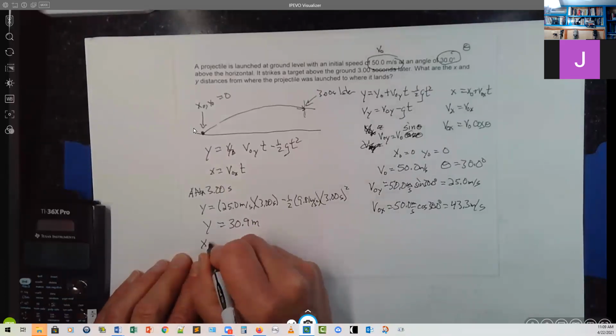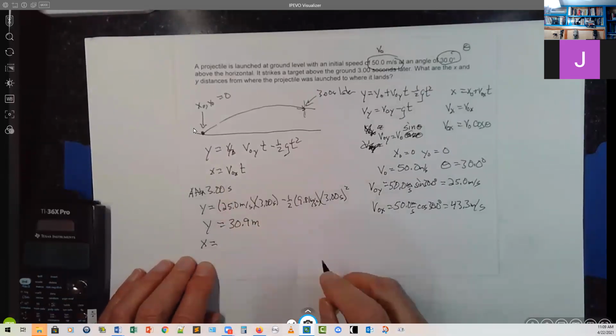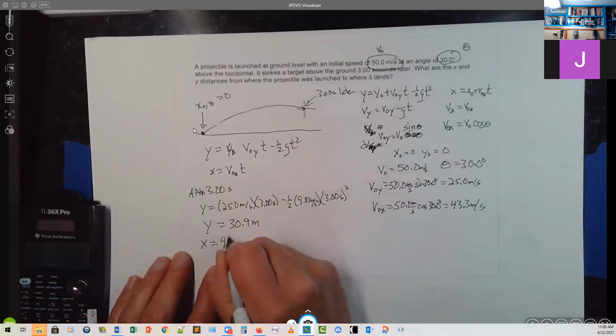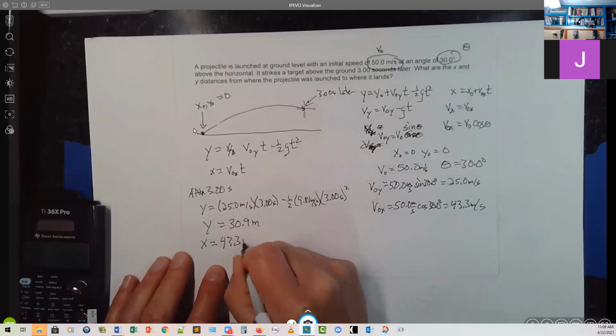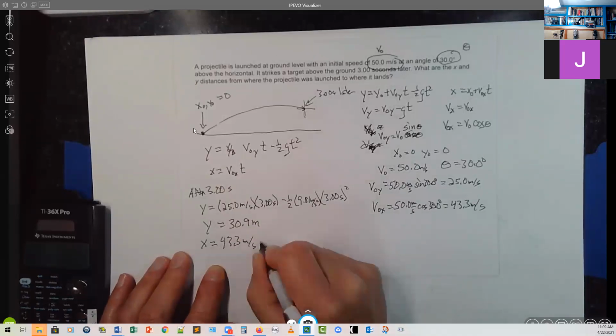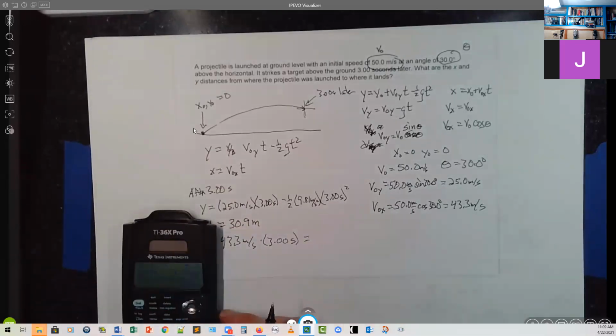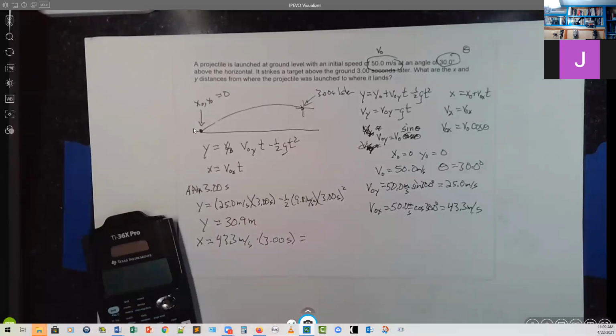And then the x equation is just v naught x t. Well, v naught x is 43.3 meters per second times 3.00 seconds. So that's going to be a ways. I know what's going on. These people are making a Robin Hood movie. And so that's what we're looking at.